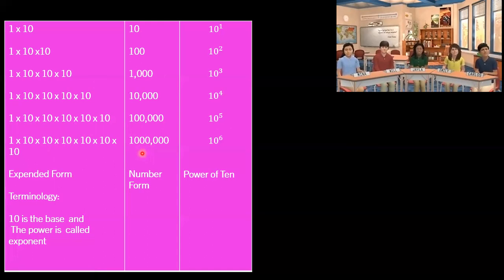We write down 10, 100, 1,000, 10,000, 100,000, and a million. This is called power of 10 to simplify that. That is the easy way to write down big numbers. And this is called the expanded form, where we show step by step.